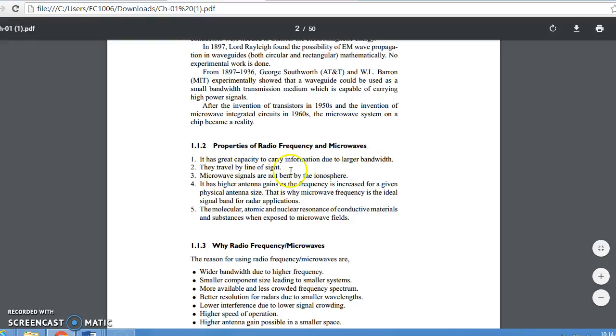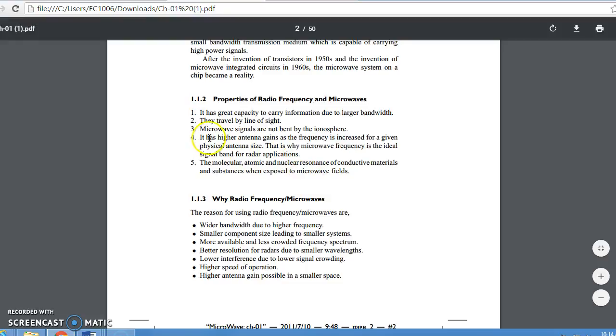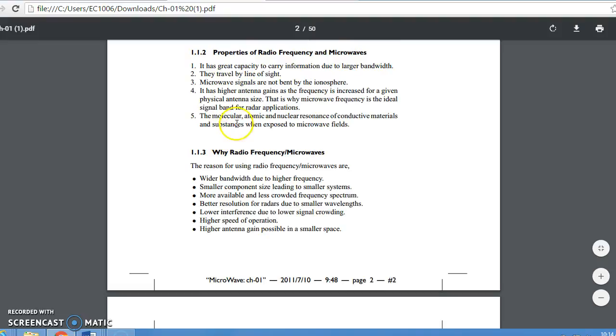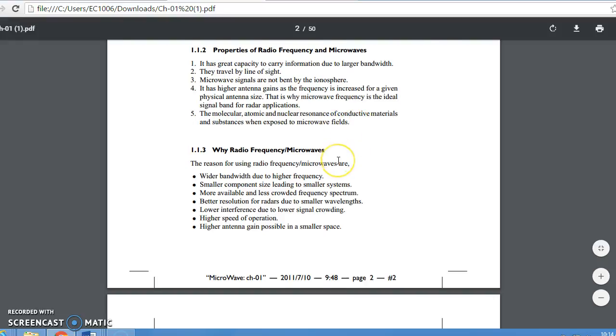They travel by line of sight. Microwave signals are not bent by the ionosphere. They have higher antenna gain as the frequency is increased for a given physical antenna. That's why the microwave frequency band is ideal for radar applications. There is also molecular and atomic nuclear resonance of conductive materials and substances when exposed to microwave fields.